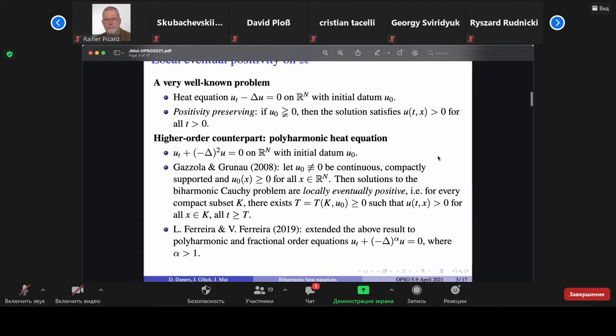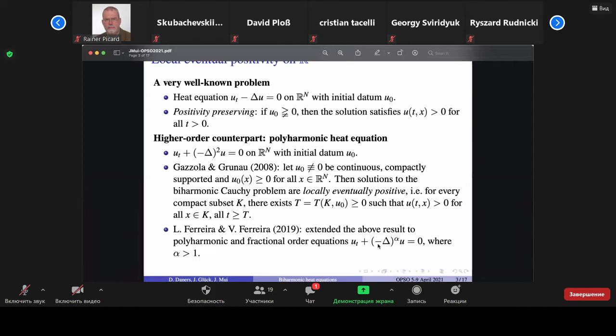And that means that if you fix any compact subset K of Rn, then we find a time sufficiently large, depending on this choice of compact set and also the u0, such that the solution is strictly positive within this compact set for all times larger than the capital T. And then more recently, in a paper by Ferreira and Ferreira, they managed to extend the above result to polyharmonic and even fractional order equations.